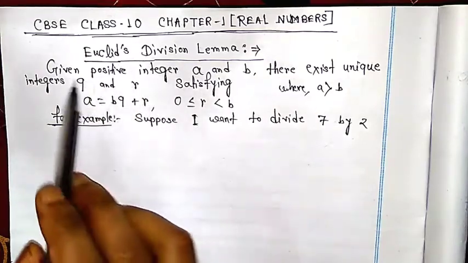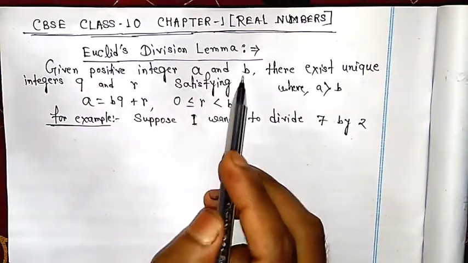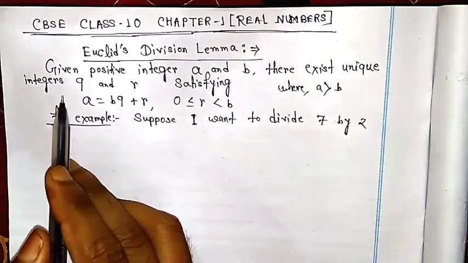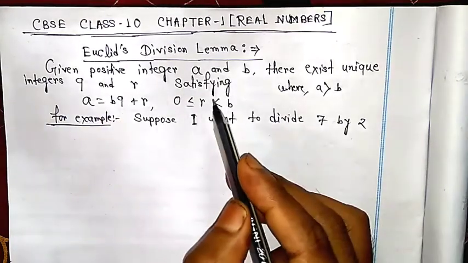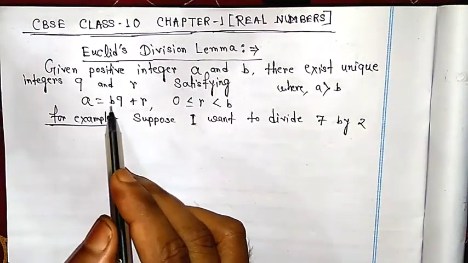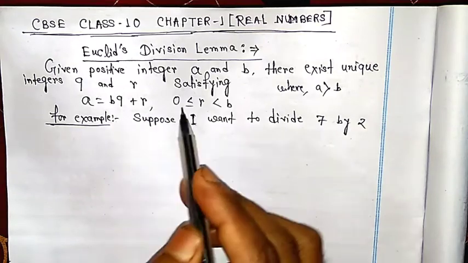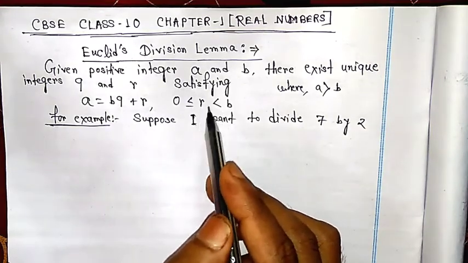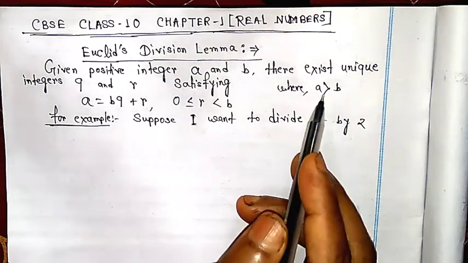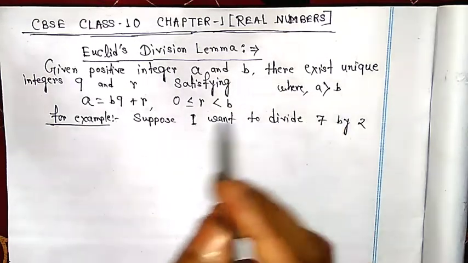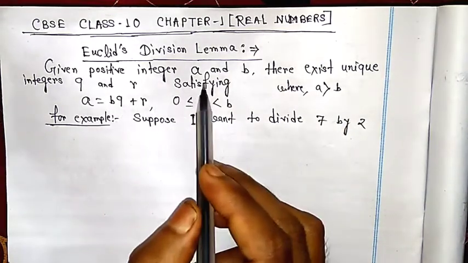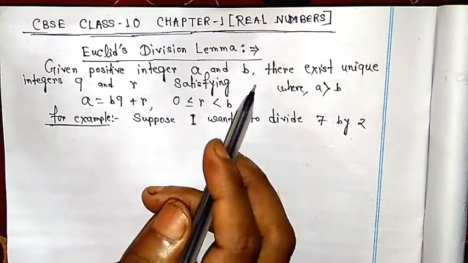The statement is: given positive integers a and b, there exist unique integers q and r satisfying the relation a equal to bq plus r, 0 less than or equal to r less than b, where a is greater than b.